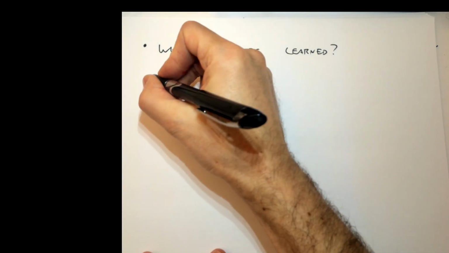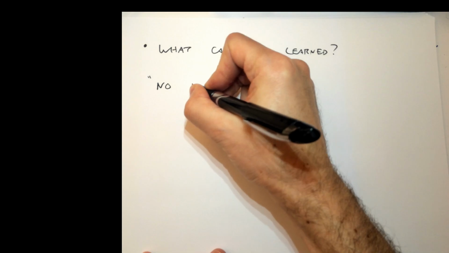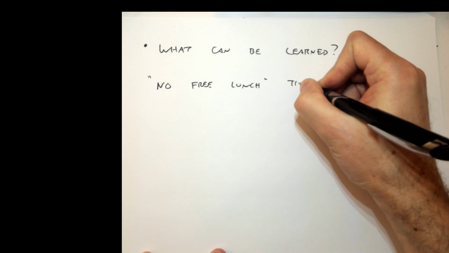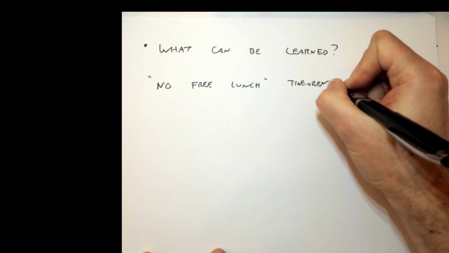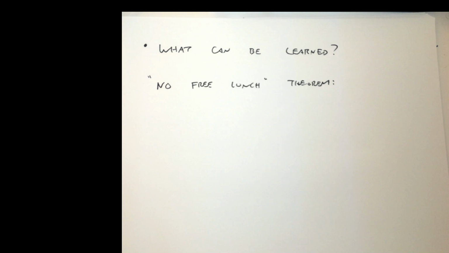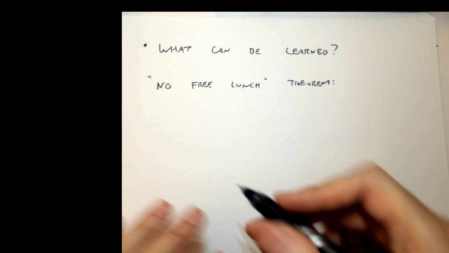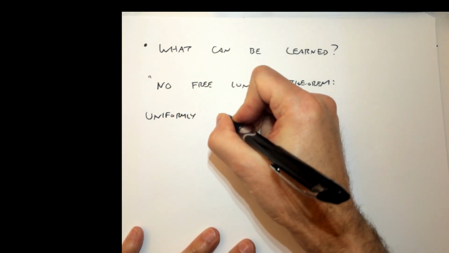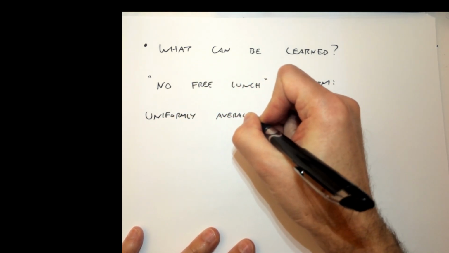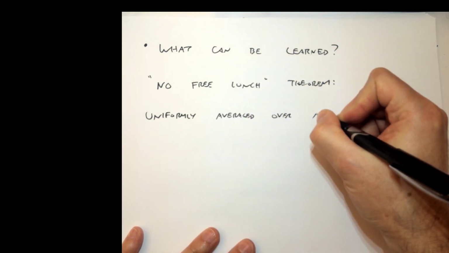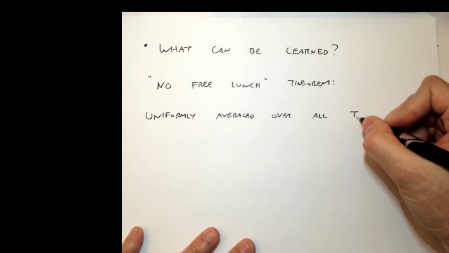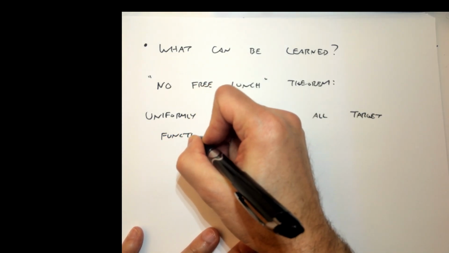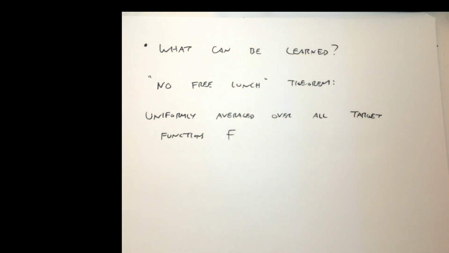So basically, there's a theorem called the no free lunch theorem, which in a slangy way says that, uniformly averaged over all possible target functions f, right? Suppose we're solving a classification problem.